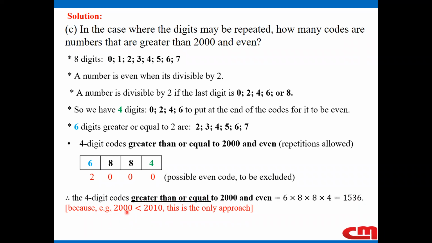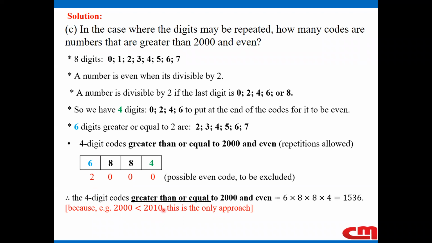Now, why have I said greater than or equal to 2000? It's because of this reason: if we remove the 2 totally from the possible 6 digits greater than or equal to 2, that means we are not going to have any number which will contain the 2 as its first digit. But check this, 2010 is a number greater than 2000. So this is the only approach you can make to make sure that you don't miss such numbers.